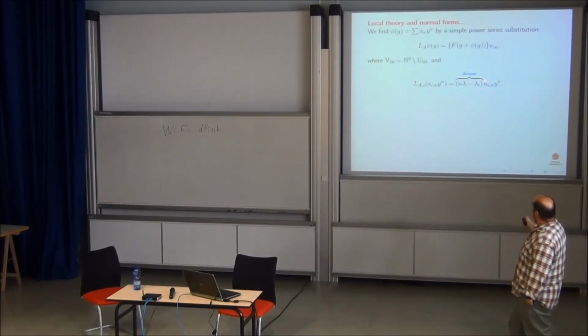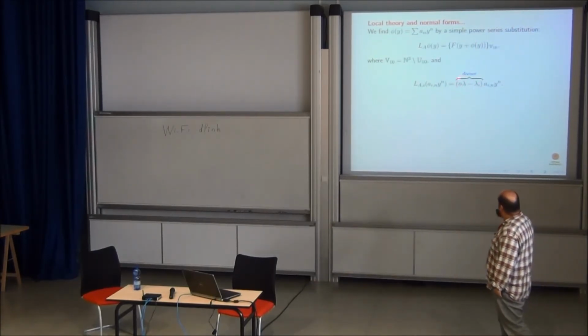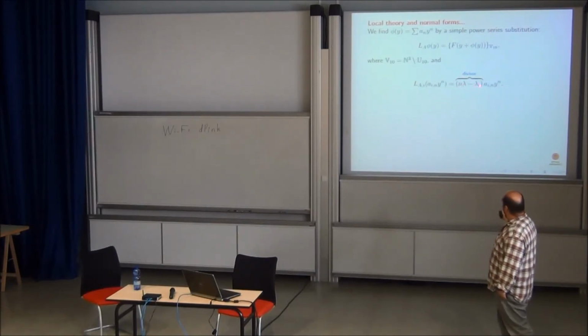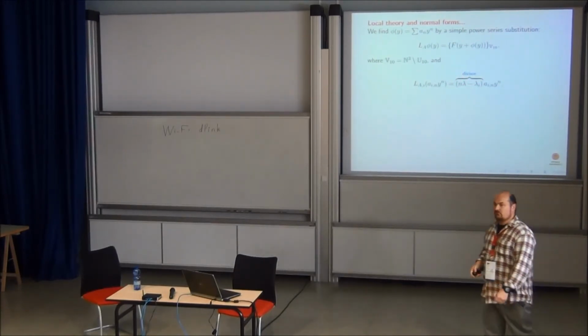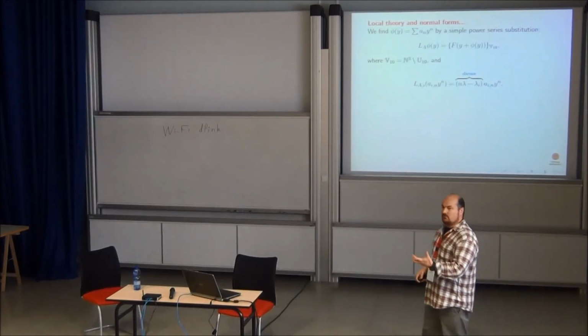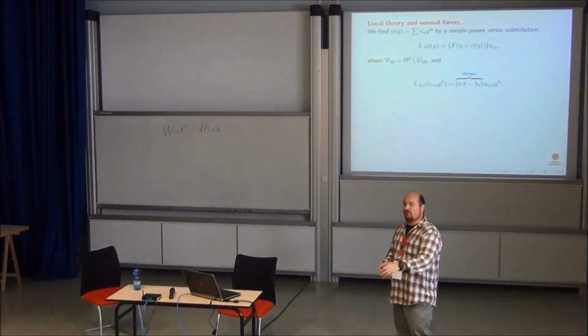These coefficients are going to depend on these quantities: a scalar product of 3 integers and the 3 eigenvalues, minus one of the eigenvalues. So you have to divide by this quantity. If this is 0, you cannot solve for your change of coordinates. And if it's small, it's called a small divisor, and you will get convergence problems.